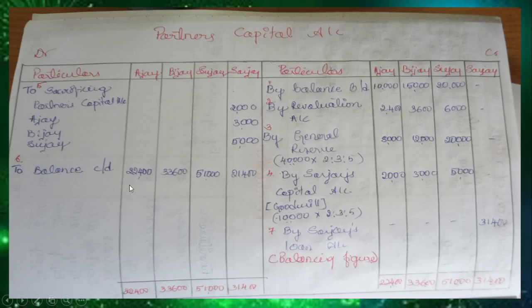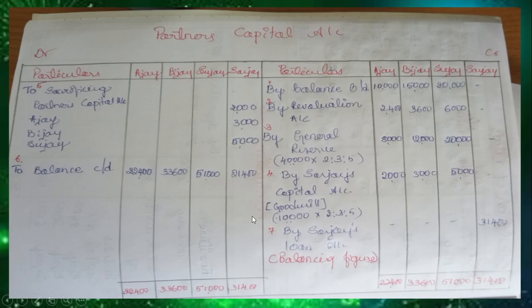Out of which we are going to find out Sanjay's capital. So combined capital into 1 by 5. So 22,400, 33,600 plus 51,000, 1,07,000 into 1/5 portion means 21,400. After putting this balance on the debit side, we'll close Sanjay's capital account.